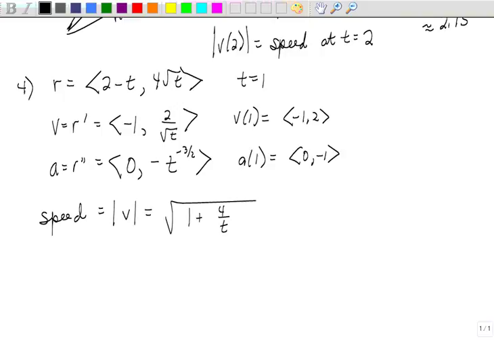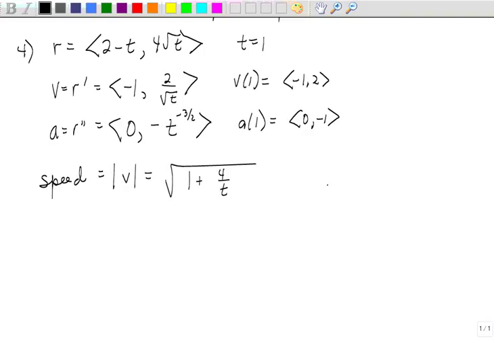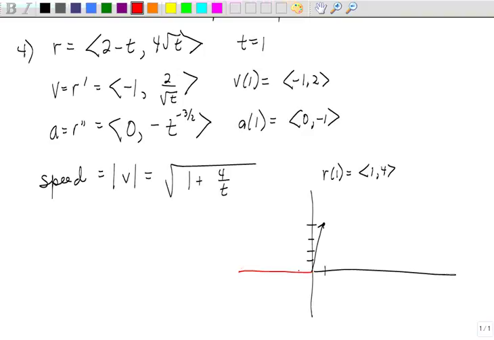Okay, now to draw these, let's say r of 1, the position vector, is going to be 1, 4. So v is negative 1, 2.